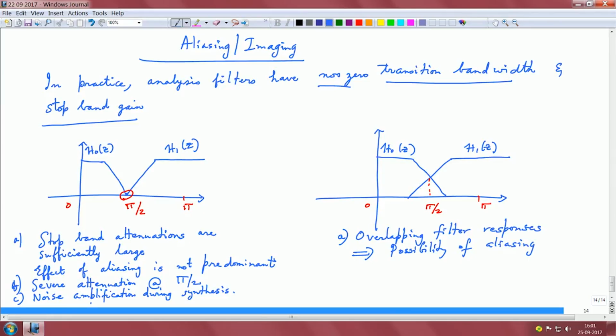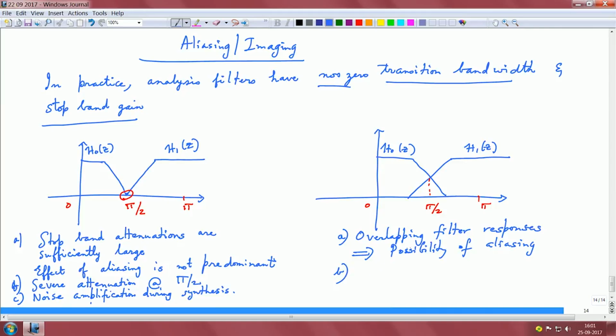But hopefully you can avoid aliasing through the use of synthesis filters. If you use synthesis filters appropriately, you can overcome this aliasing artifact, and we will see how we could do this.